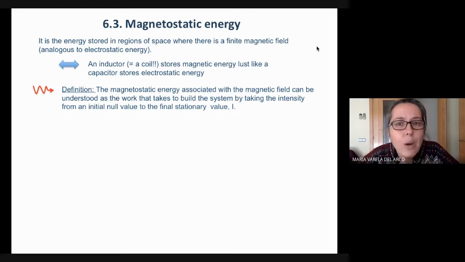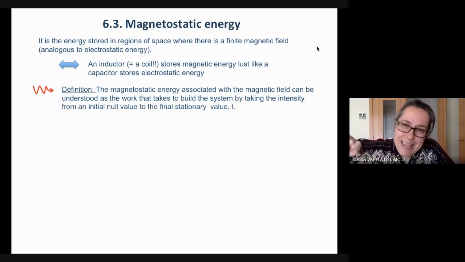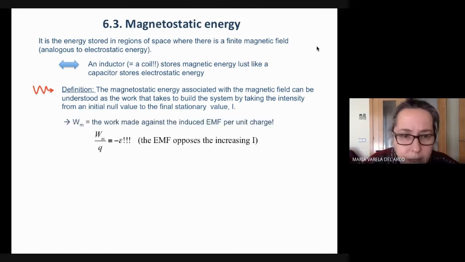So the work that we have to make is exactly the opposite to this electromotive force that is induced because of the Faraday law as I increase the field with my external power supply. And it takes work to fight this reaction. Okay, this is what we're going to calculate.